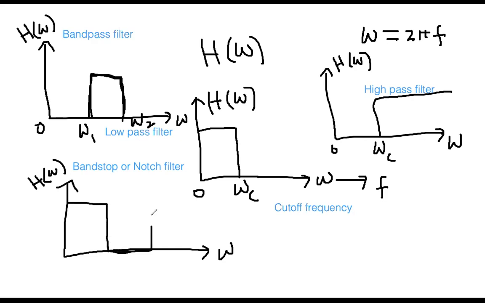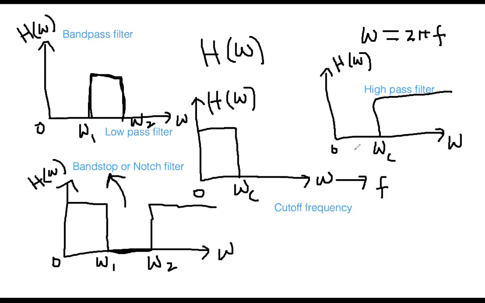You see, this is your 0 position. This is your omega 1, this is your omega 2. Initially it is allowing from 0 to omega 1. Then it is not allowing this band. Between omega 1 and omega 2, it is not allowing anything. And after omega 2, again it is allowing. So this portion is called the stop band or the band stop. And because it is creating a hole or a notch, accordingly it is called the notch filter.